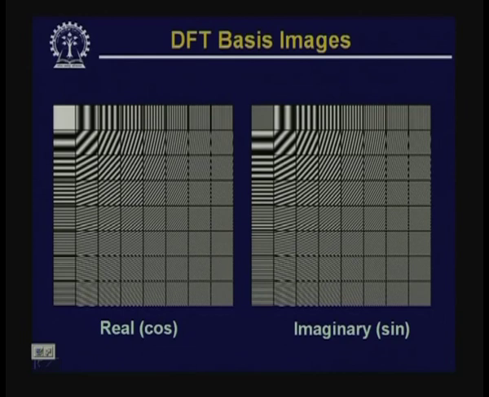We will see later that in case of discrete Fourier transformation, we get two components, one is the real component, the other one is the imaginary component. So, accordingly, we have two basis images, one corresponds to the real component, the other one corresponds to the imaginary component.